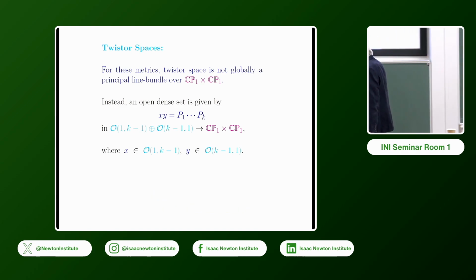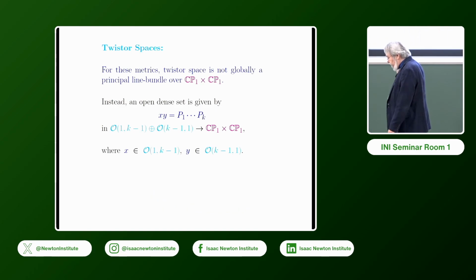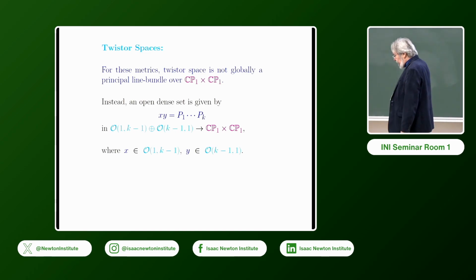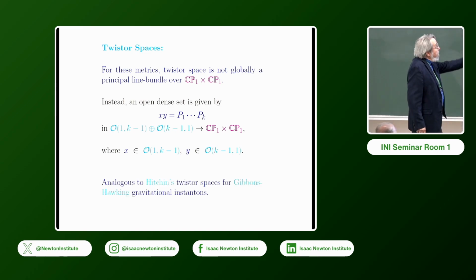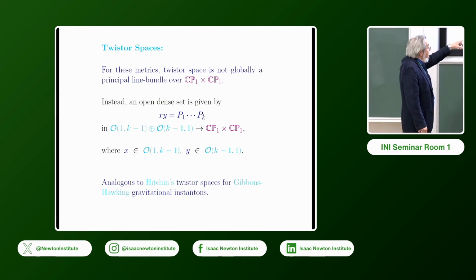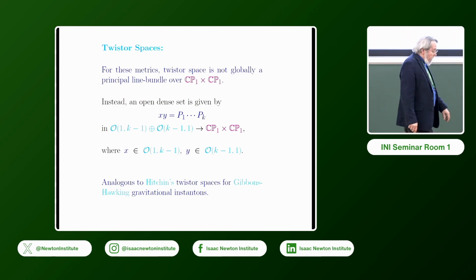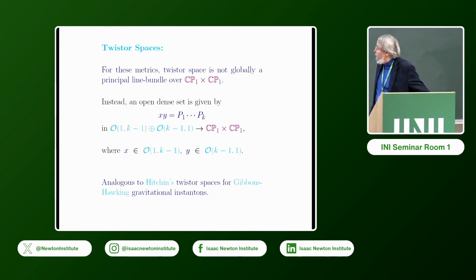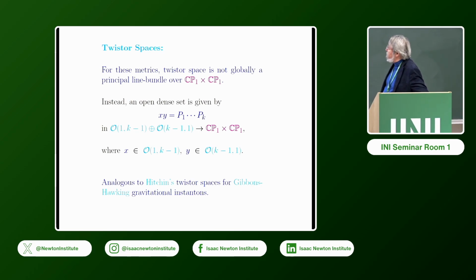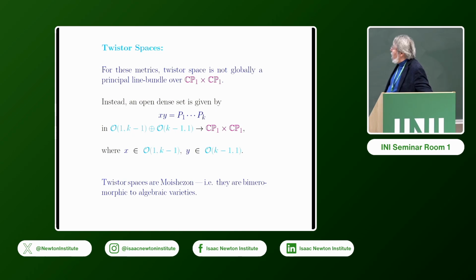All right, so I should say that what I've been describing is not exactly the twistor space. It is a bimeromorphic model. These are completely analogous to Hitchin's twistor spaces for the Gibbons-Hawking gravitational instantons of type A_k.